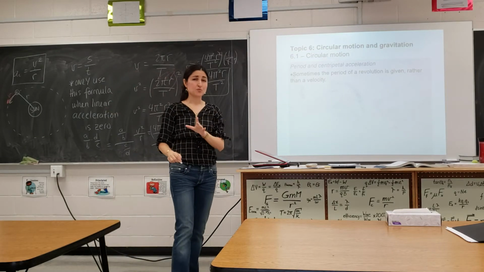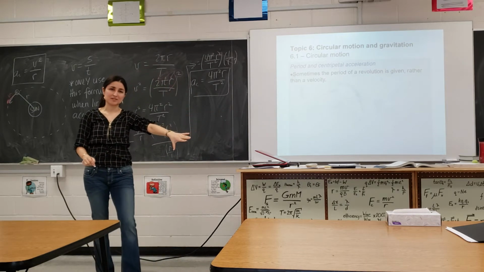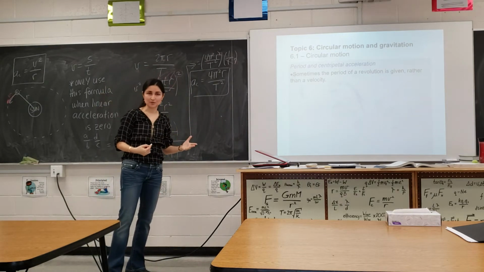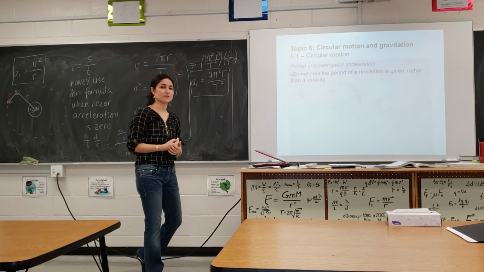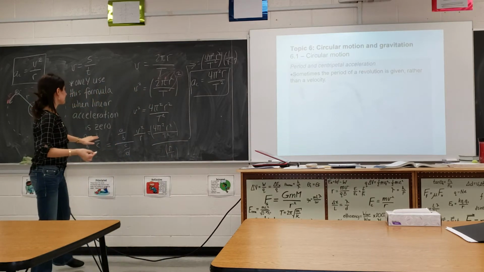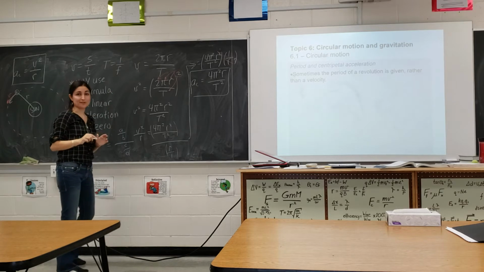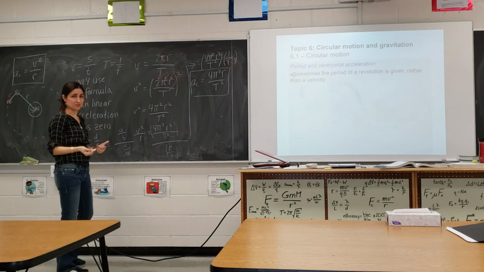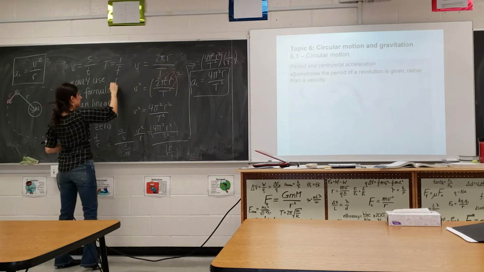Now, there's actually one other expression that looks like this, but is not in your data booklet, nor do we formally explore it in the notes. But I want to show it to you, so in case you see it in the future, you can at least recognize it. Using the idea that T is equal to 1 over f, they are reciprocals of each other, frequency is the reciprocal of period.